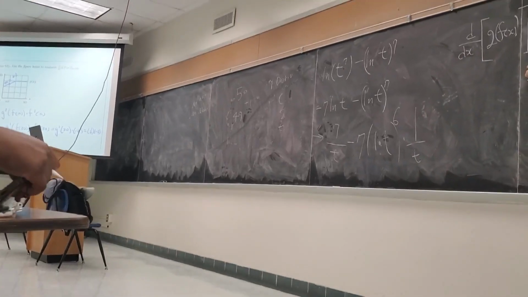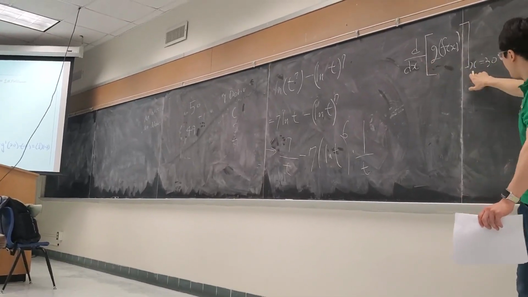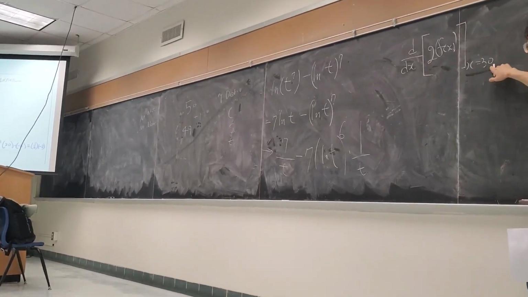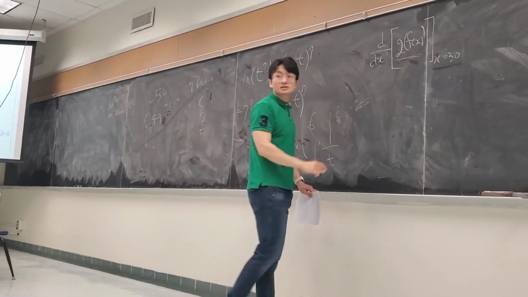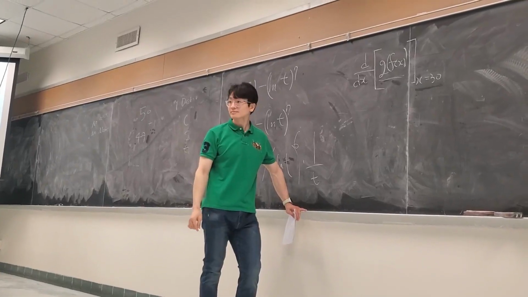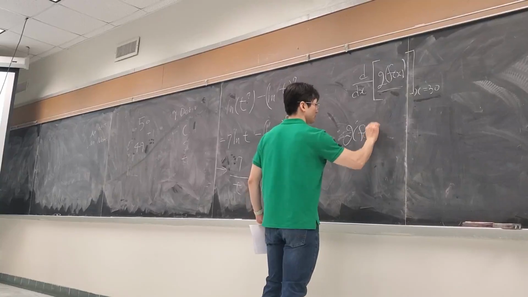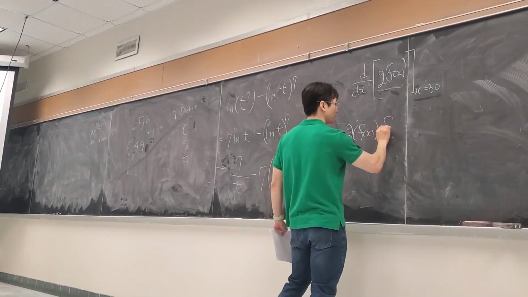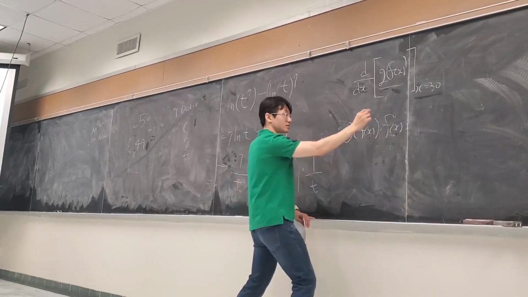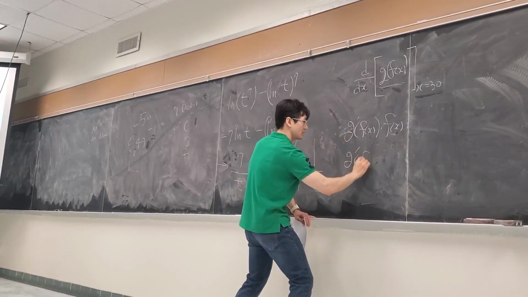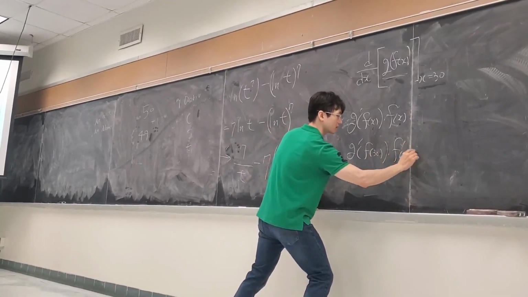What does that mean? Take the derivative of this thing and evaluate that at 30. So what is the derivative of this thing? G prime is f of x times f prime x. Then you replace this x with 30. So what you're going to do is f at 30 and f prime at 30.